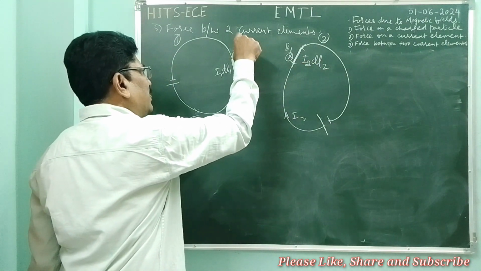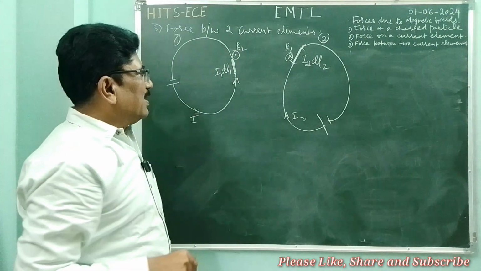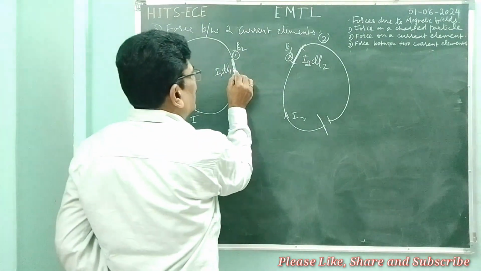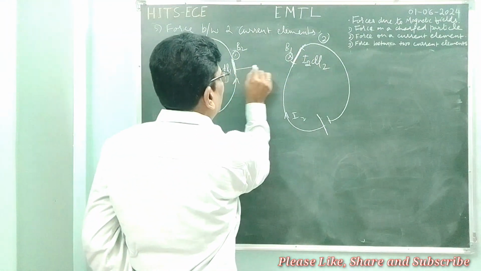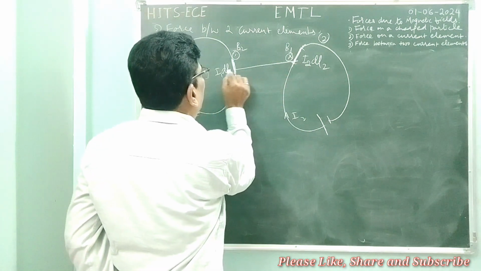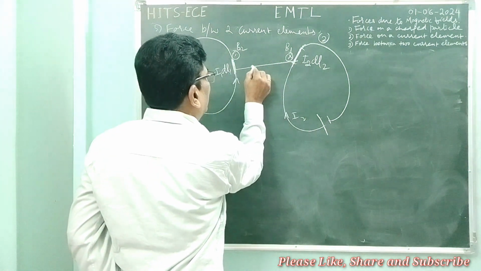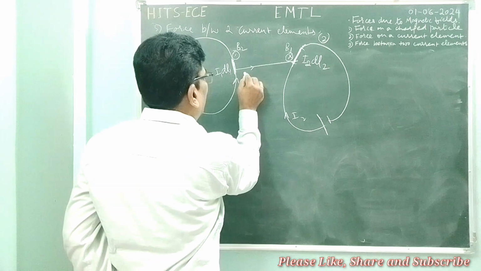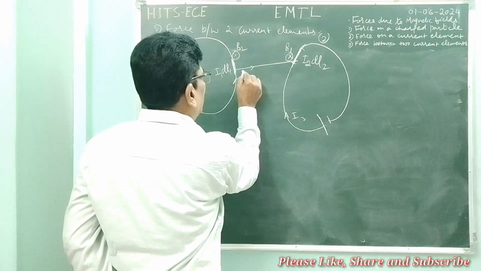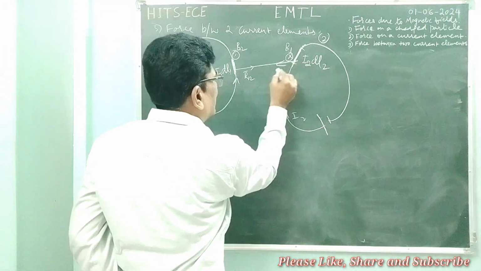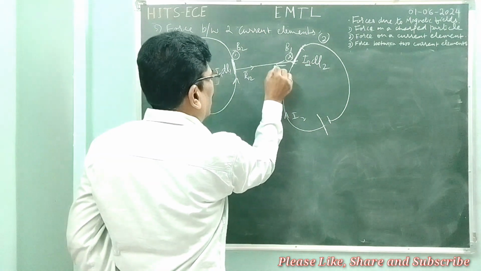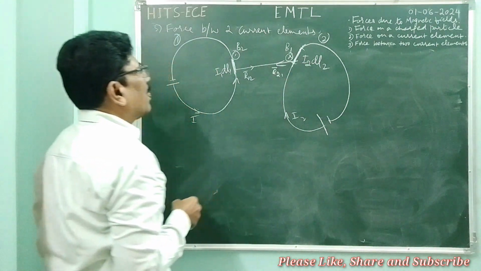Let the distance between these two elements be, from here to here, the vector R12, and from here to here, R21. R12 is equal to R21 in magnitude.